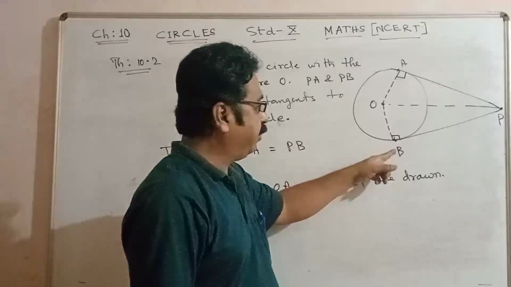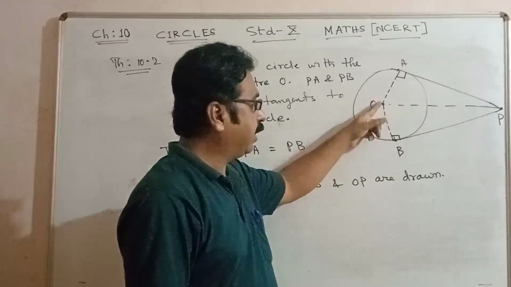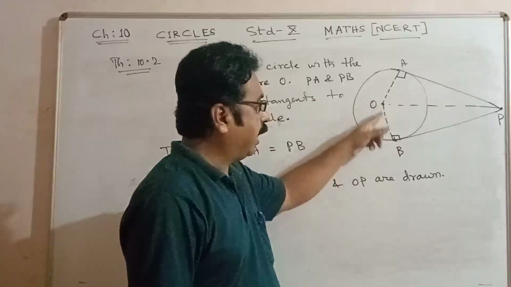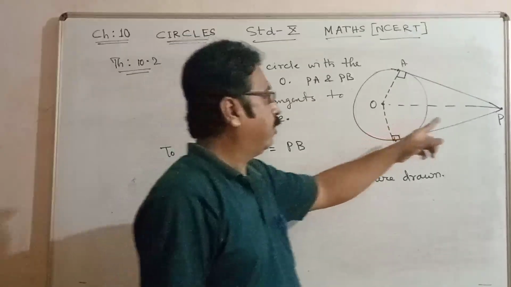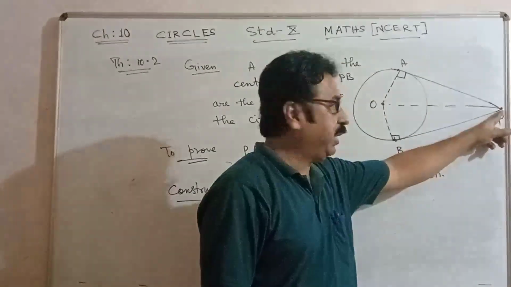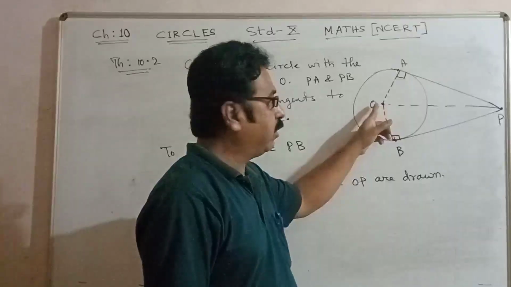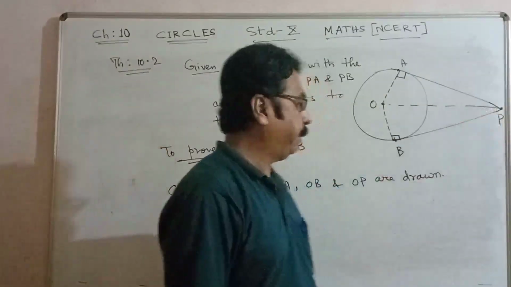We are joining the points B and O to get the line segment OB. We are joining the external point P with the center O to get OP.